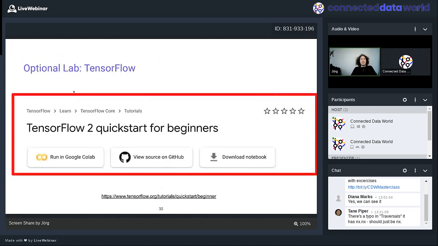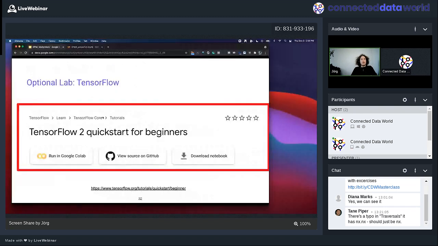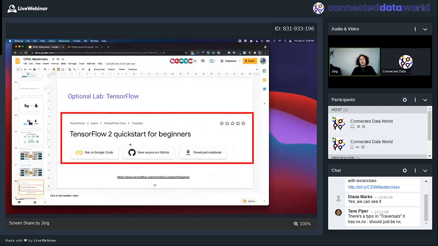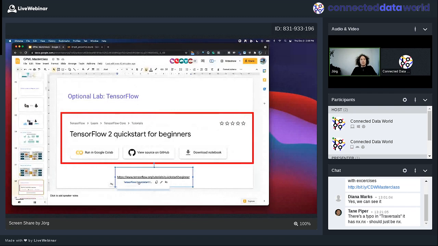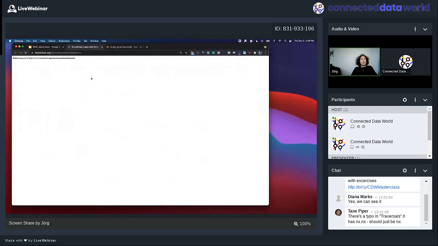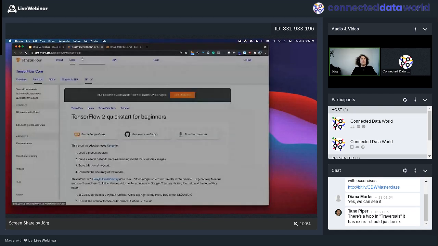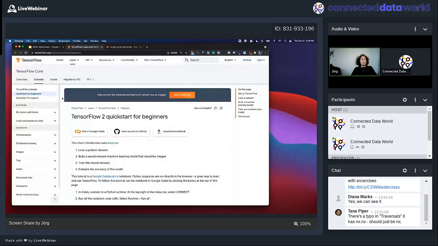If you never touched upon deep learning, deep neural networks, I just want to give a quick detour to the TensorFlow documentation. We're not going to go through it. TensorFlow is one of those, I would say, together with PyTorch, most frequently used toolkits for machine learning.